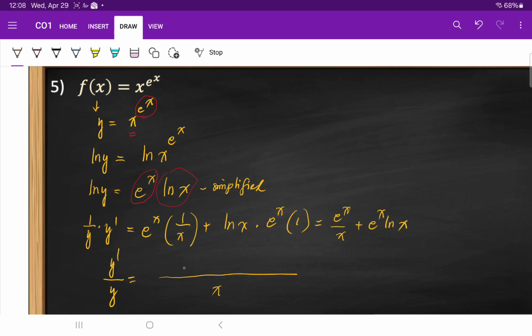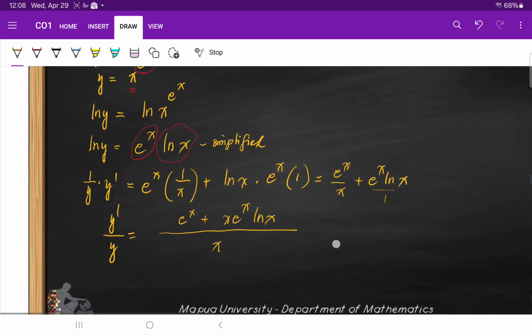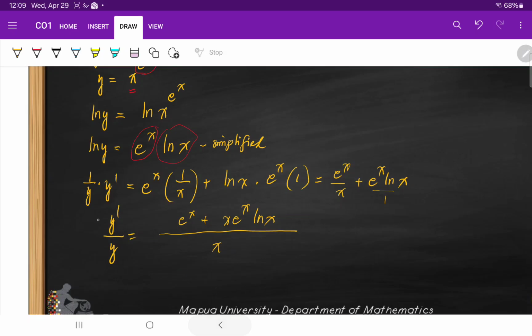We now have, in the numerator, e to the x. It looks like you have here 1. Then plus what? x e to the x ln of x. So again, x is the LCD. Now, the next is for us to multiply both sides by what?